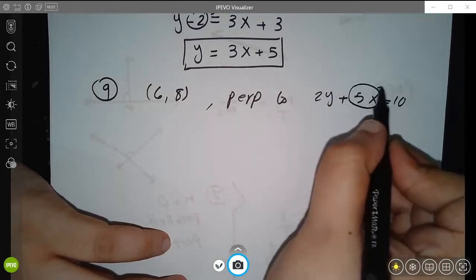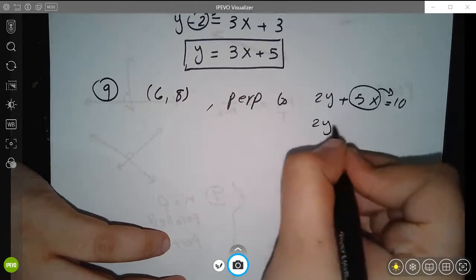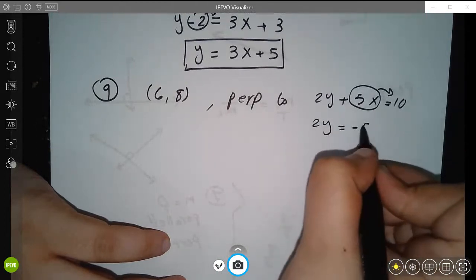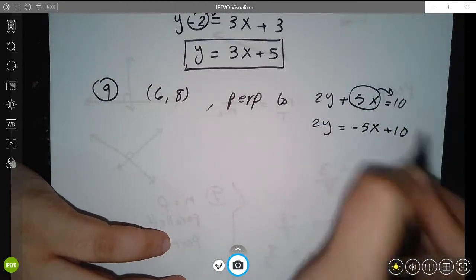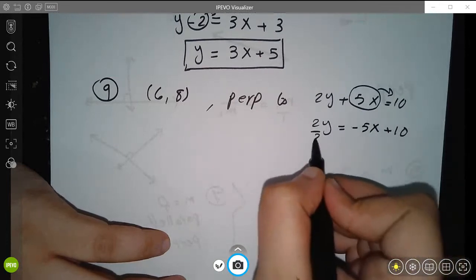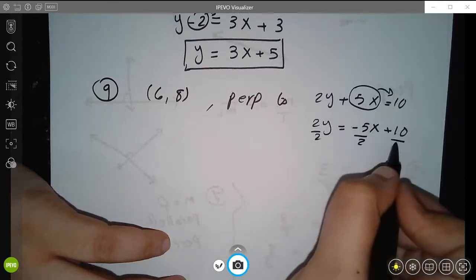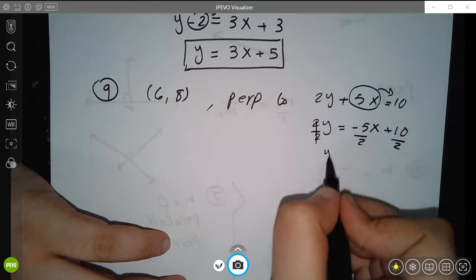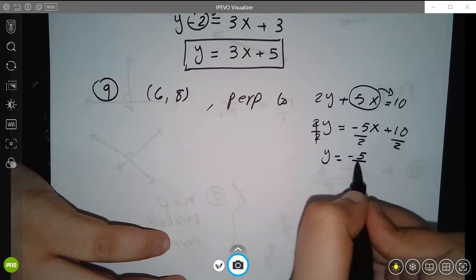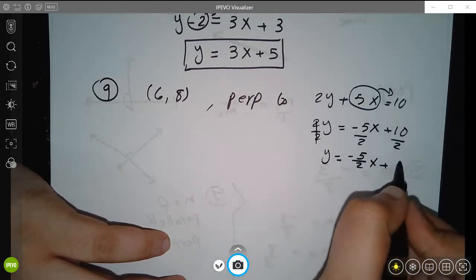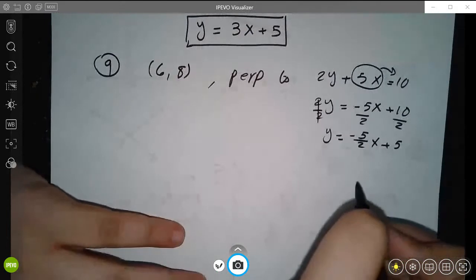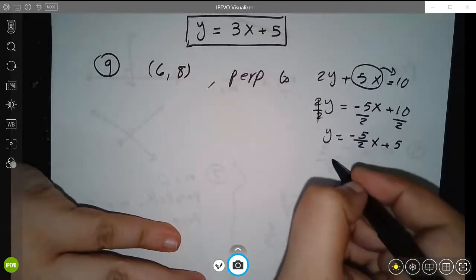Just move the 5x to that side, and you get 2y equaling -5x plus 10. Yes? And then I'm going to divide by 2 everywhere. And the equation is y equals -5/2x plus 5. Right? Now, what is my slope?